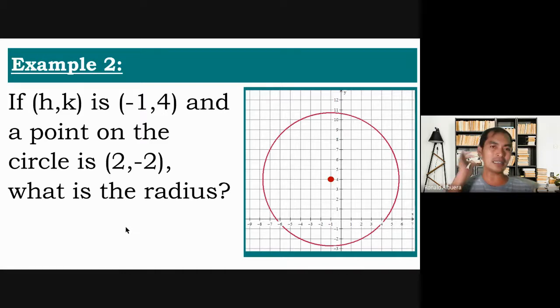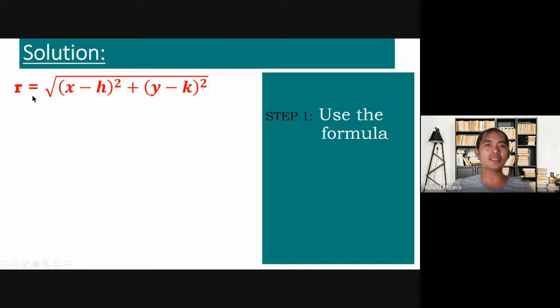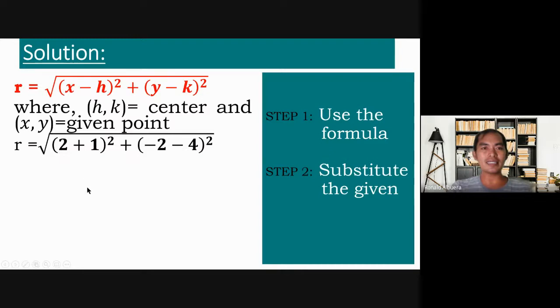But then, papalitan mo yung d ng r because it's already the length of the radius. So we have the radius is equal to the square root of (x minus h) squared plus (y minus k) squared. And (h, k) is the center while (x, y) is the point on the circle.